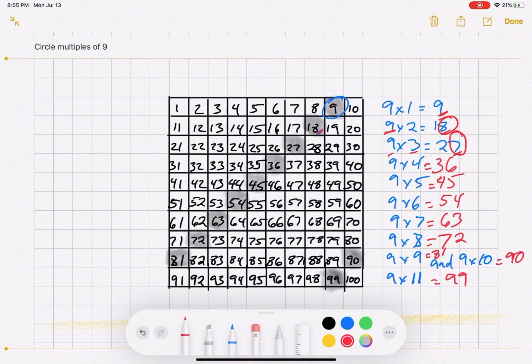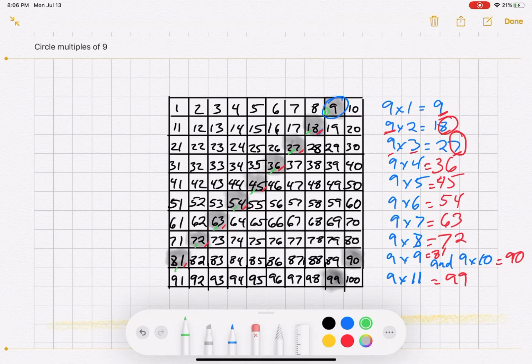Okay, so the ones digit, if you go down every row, you're going to notice that it's decreasing by 1. What is happening to the tens digit? So the tens digit, as we go down, is increasing by 1.